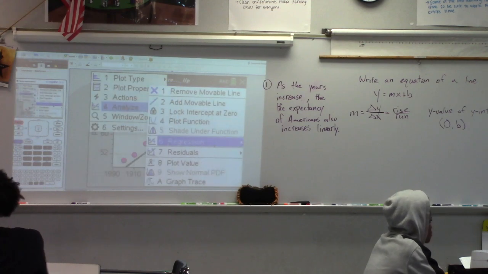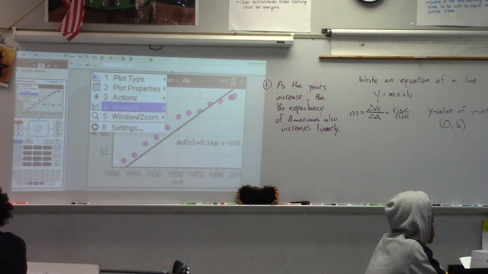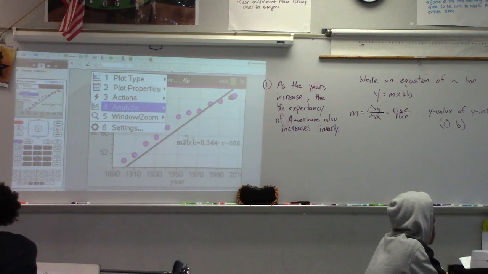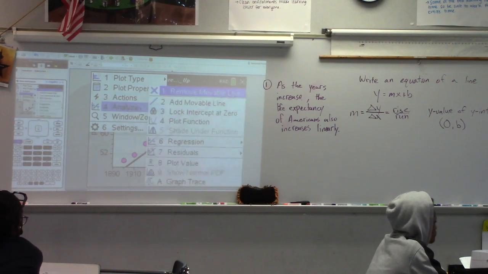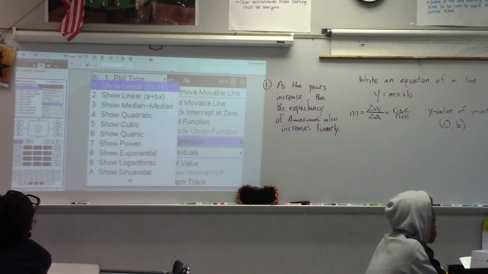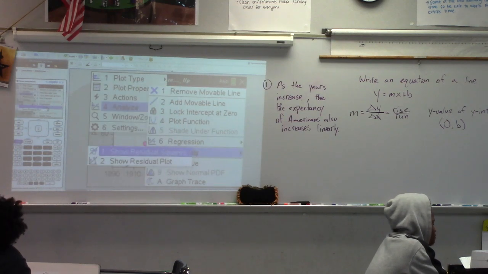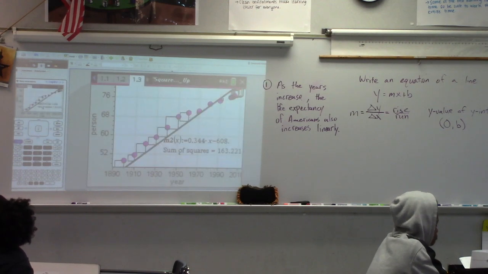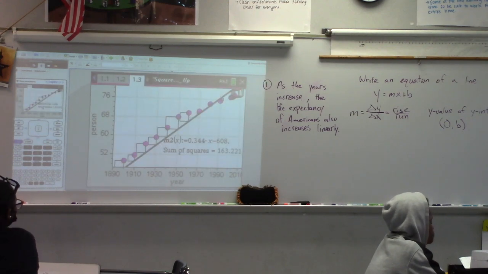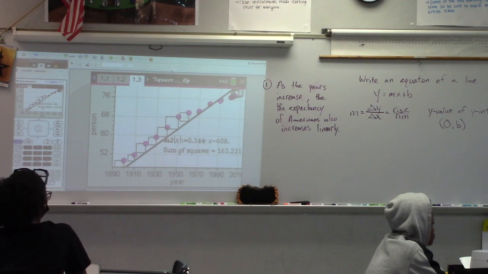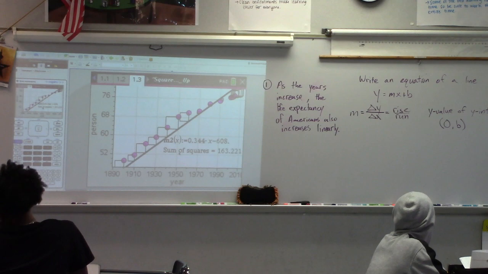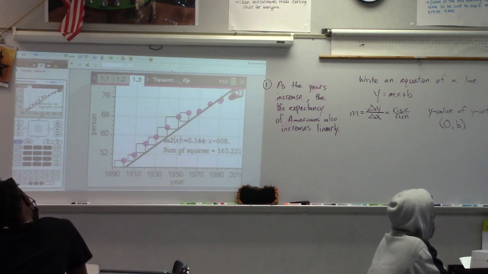Okay, so Joey, once you have the movable line, hit menu, you go to analyze, you go to residuals, and show residual squares. Okay? Now, I need y'all to pay attention to this because this is a really cool detail about these calculators, and it's the point of what we're doing today. What kind of line was this again?